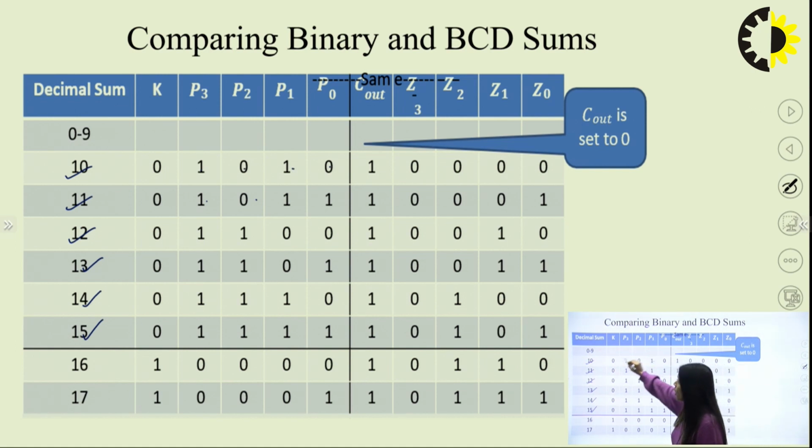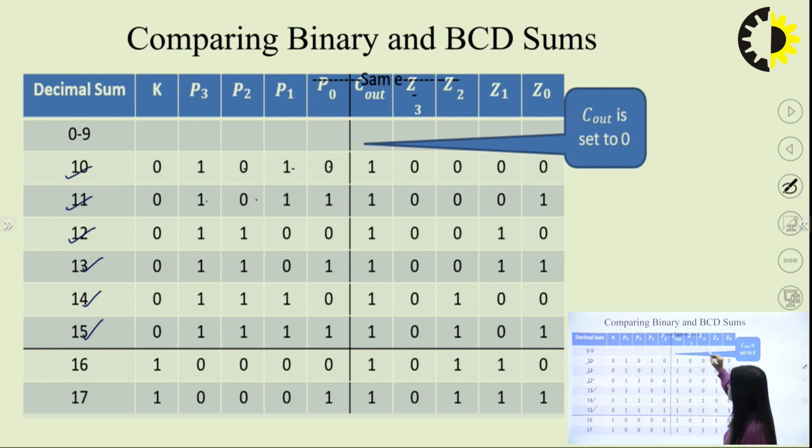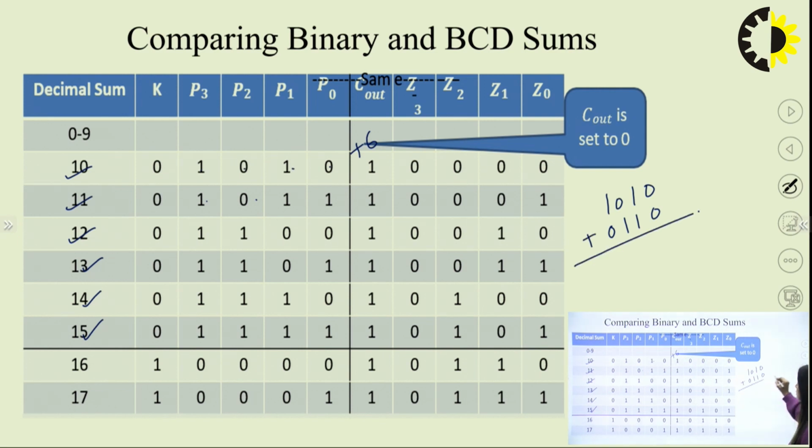So this is the output which is coming out, and this is the output which is coming out after plus 6. That means 1010, I apply my correction and the output is this one.